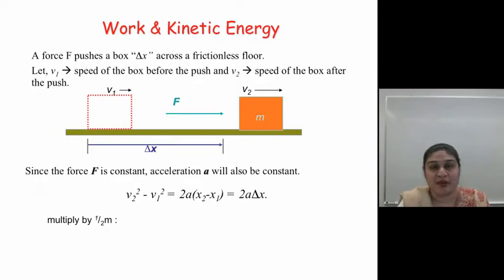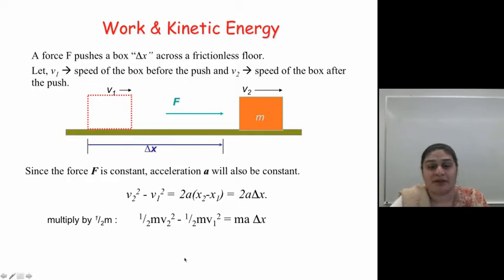If I multiply both sides by a half m, I get 1/2 m v2 squared minus 1/2 m v1 squared equals m a delta x. Now if I look at this equation very carefully, what is ma? Absolutely, ma is actually F, the force that we are applying here. So this becomes 1/2 m v2 squared minus 1/2 m v1 squared equals F delta x.